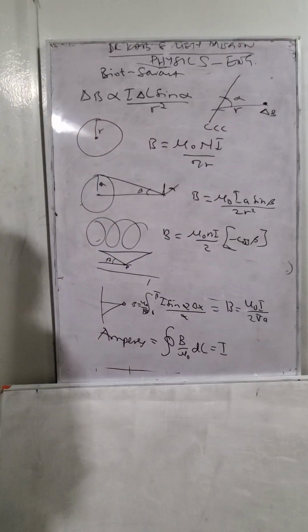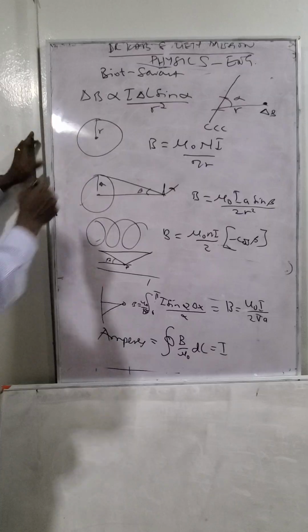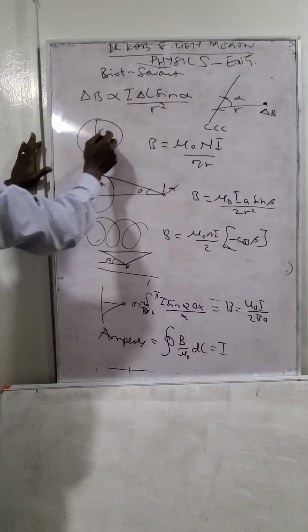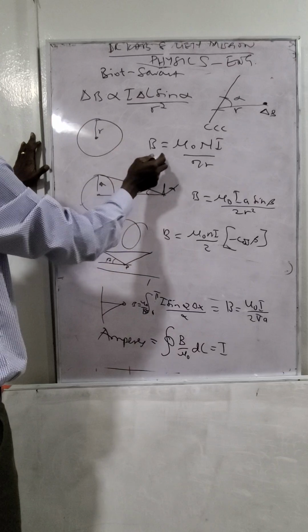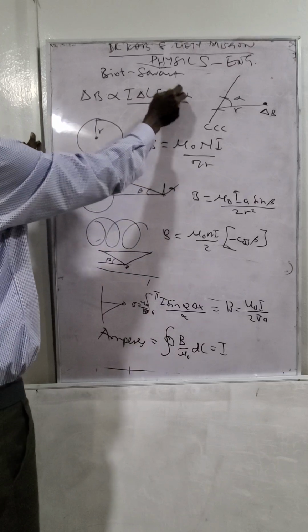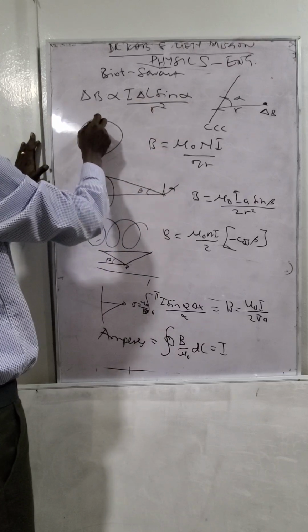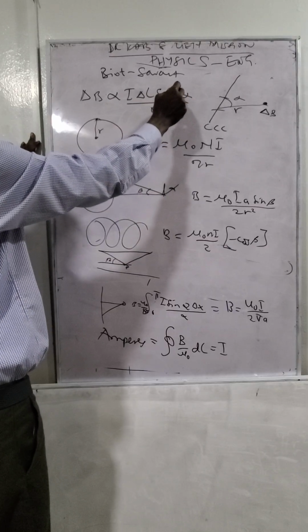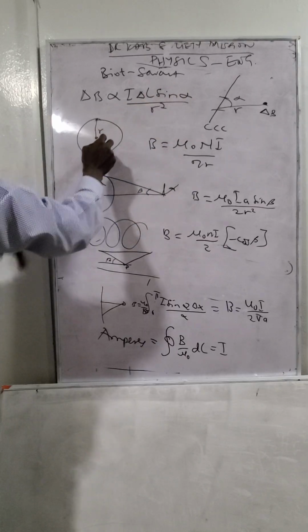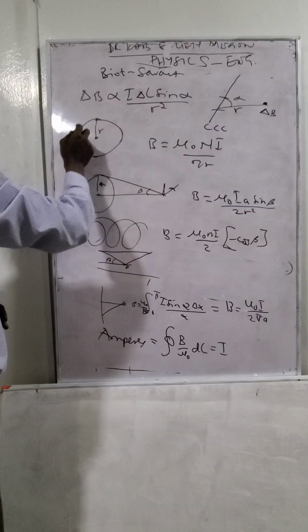Now if you apply that for, let's say, this curve. From this equation, if you let this be proportional to that, you realize that this sine here at every point is 90 degrees. Sine of 90 is 1, so it becomes 1. And you're going to sum it along the circumference.